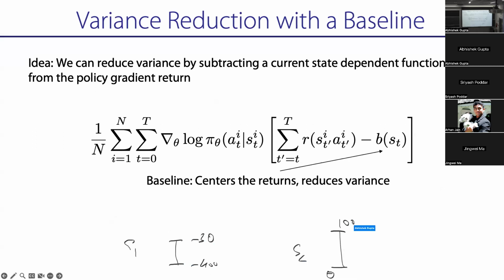What we're going to do is have a state dependent baseline with a different value at b(S1) and a different value at b(S2), and both of them are going to try to bring the rewards into the -50 to 50 range, right? It can be a constant too, but it's more effective when it's state dependent. But it depends on this state and not the return to go.